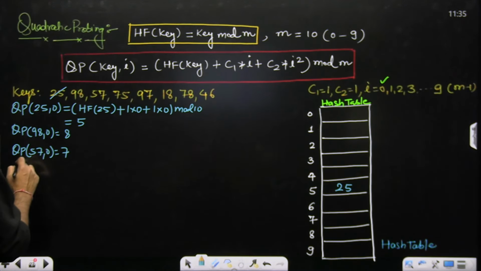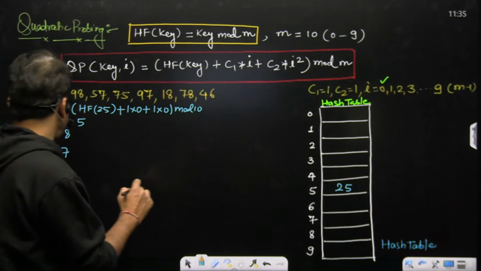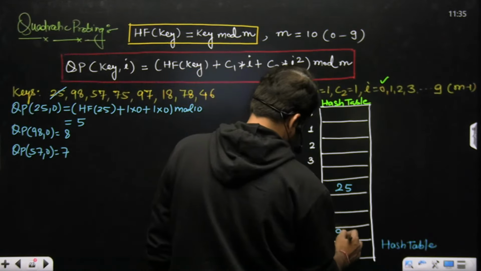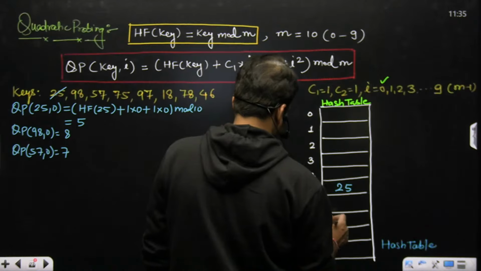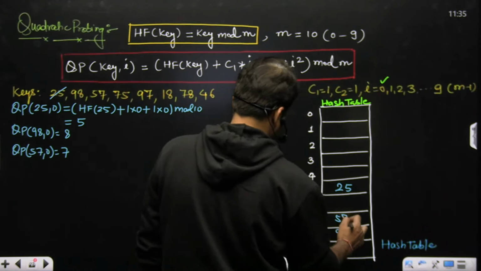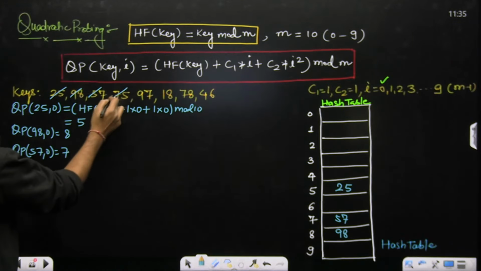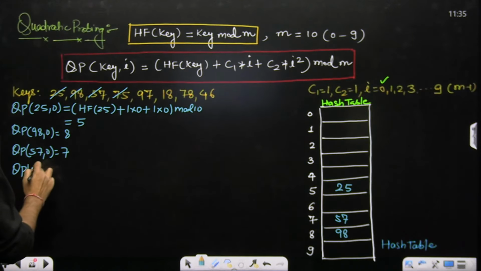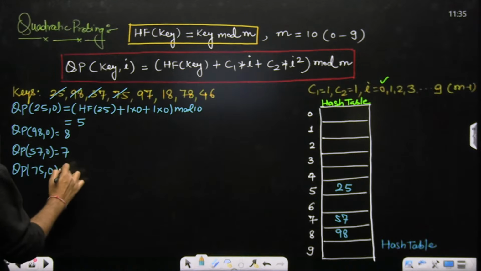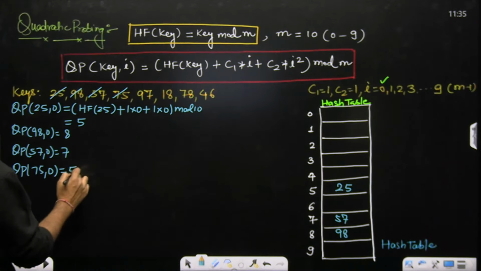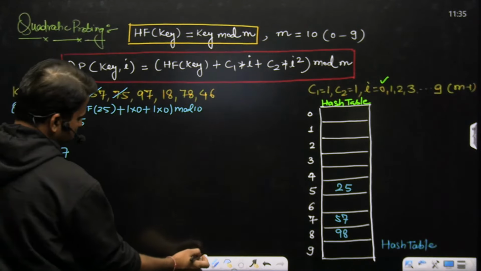Quadratic probing 98,0, so this is 8. Quadratic probing sir 57,0, this is 7. So 98 8 पर आ गया, 57 7 पर। Quadratic probing 75,0, so this gives 5. So here collision student, collision occur.